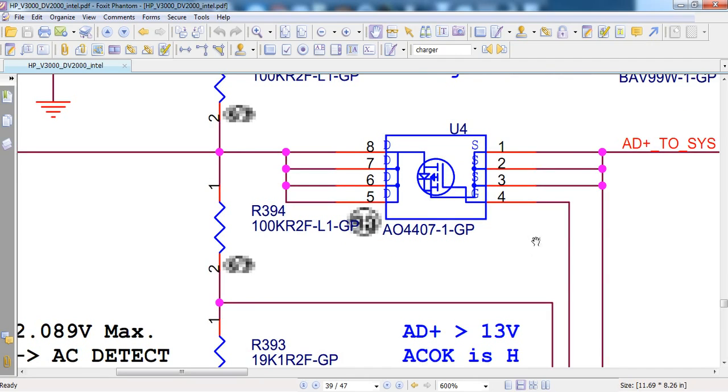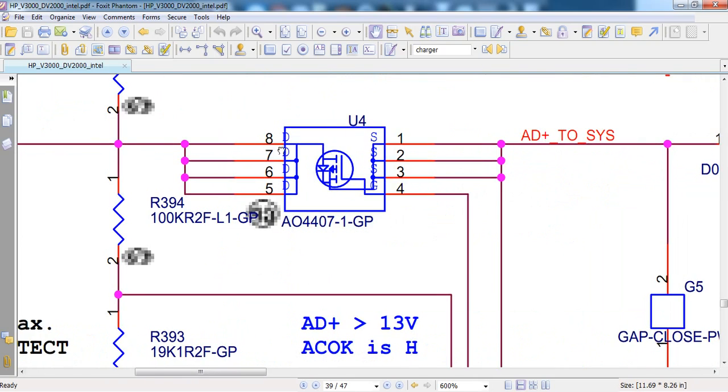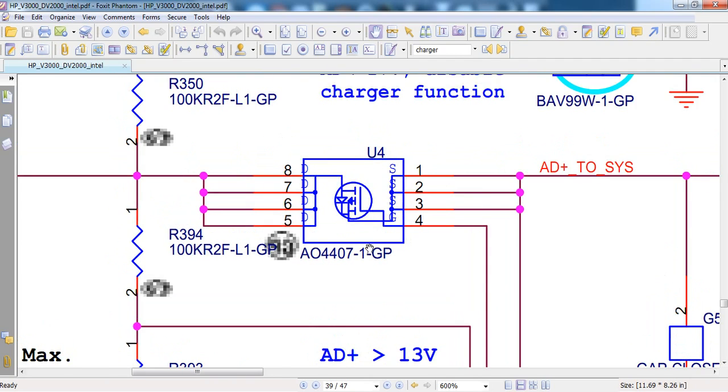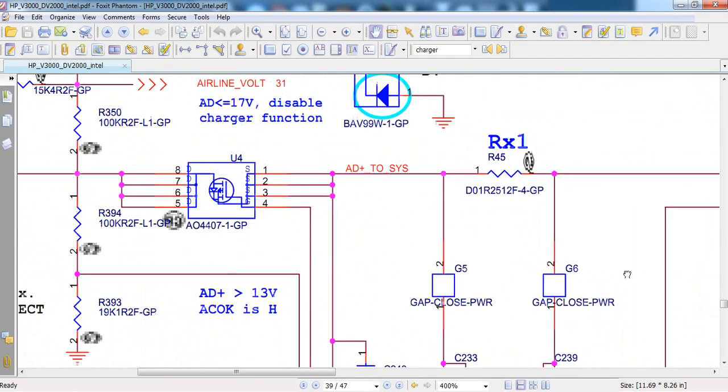It does not require gate voltage. So the 19 volt is coming to this drain, and without any gate control, this 19 volt passes through to the source side. Most of the MOSFETs used on the notebook motherboard act as switches, not diodes. So this is the charger IC.